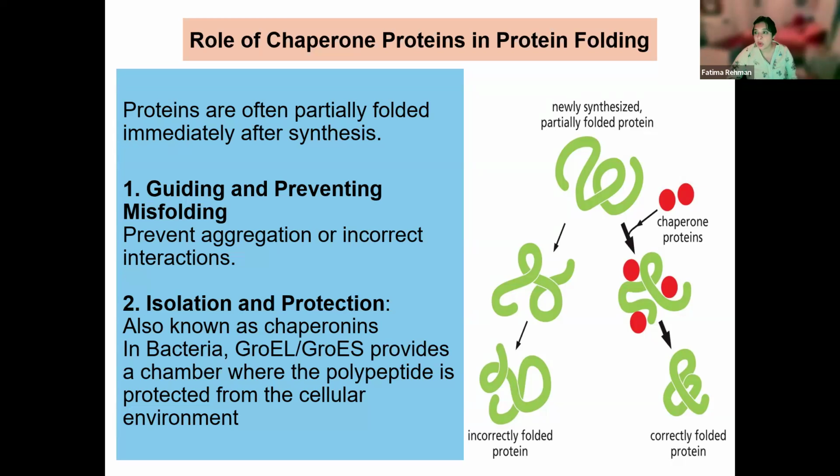In the cytoplasm or in the ER, it's not going to have that exact environment, so it won't be able to get into its final 3D structure just on its own, because it's not in its correct environment. So what we have are these proteins called chaperones, and their job is to get proteins to fold properly when they're unable to do so in the environment they are in, and get them to be in the place they need to be.